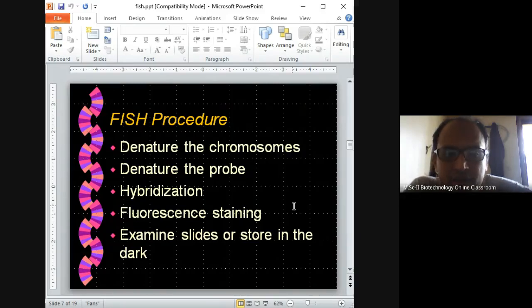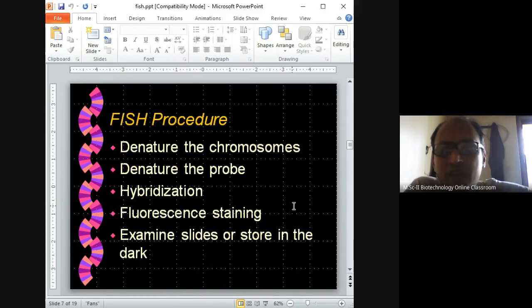Understood? Yes, no? So the first step is the denaturation of the chromosome. Second is the denaturation of the probes. Third is hybridization, which means the probe and the chromosomes will hybridize with each other to form a hybrid. The next step is fluorescence staining.